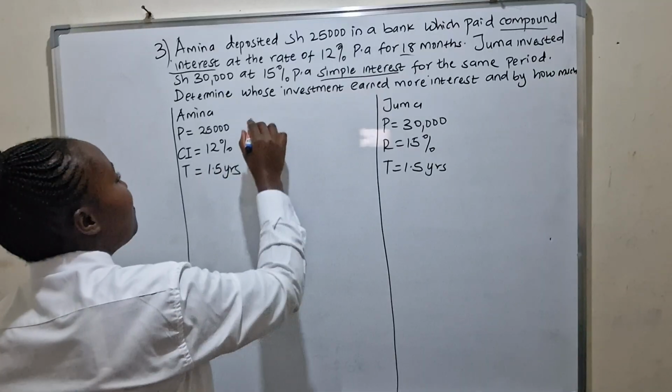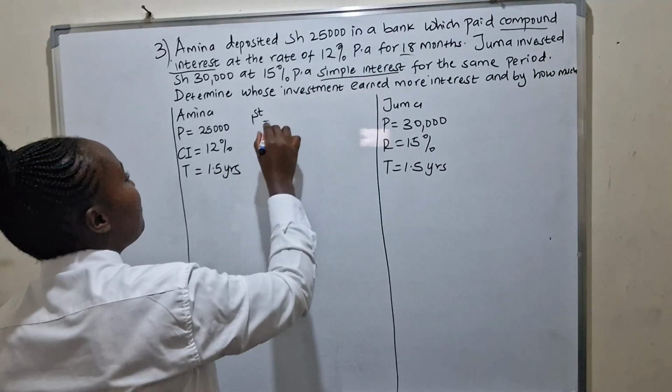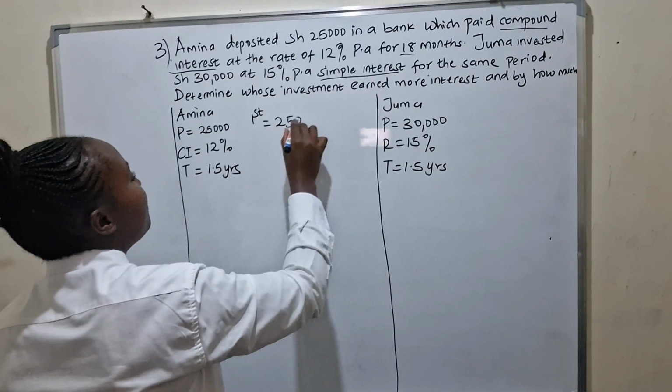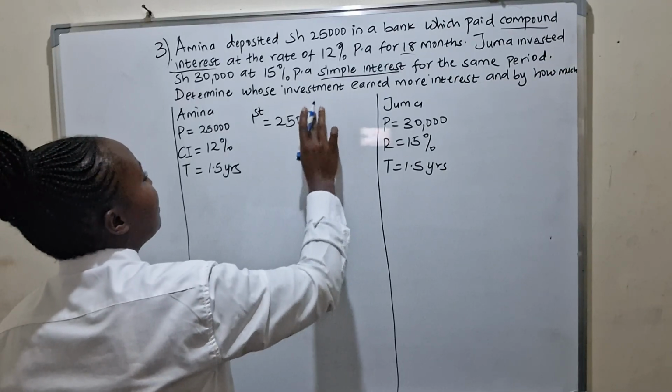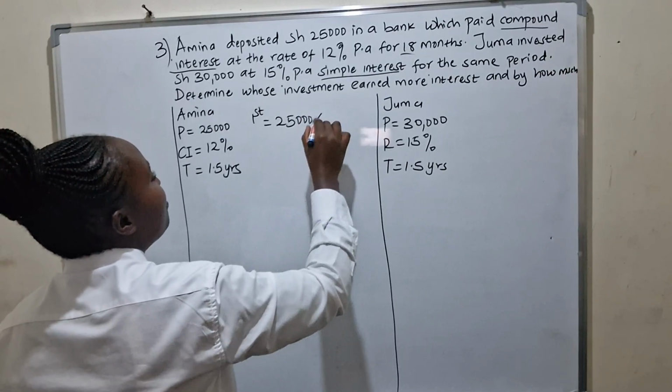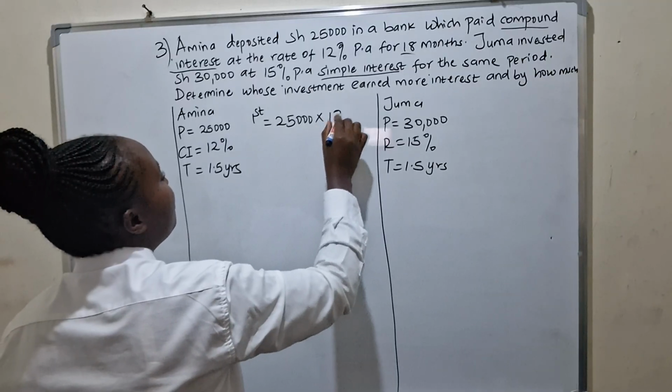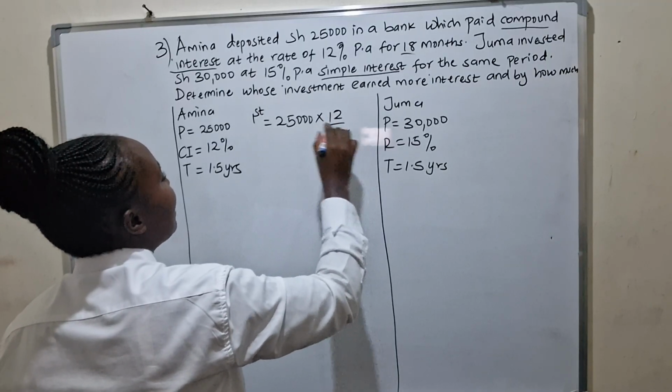So the first year for Amina, she had 25,000, sorry, I wrote 250. You multiply by 12 over 100, right?